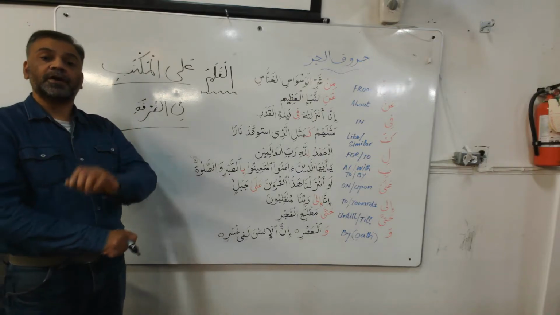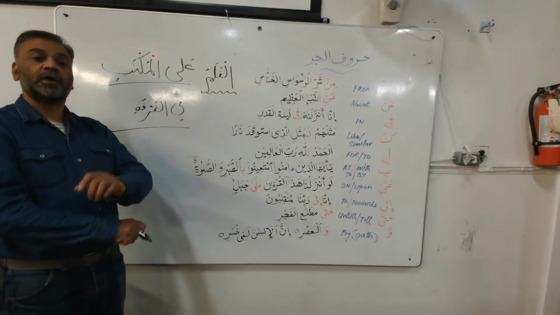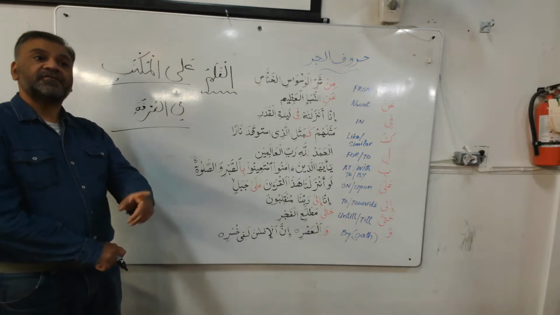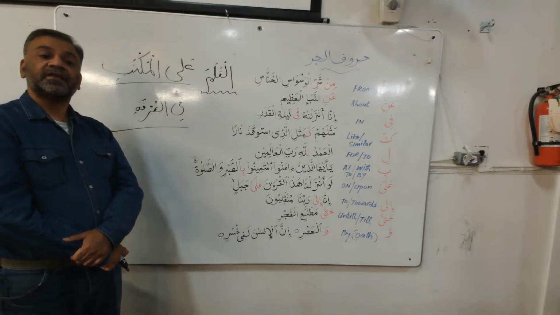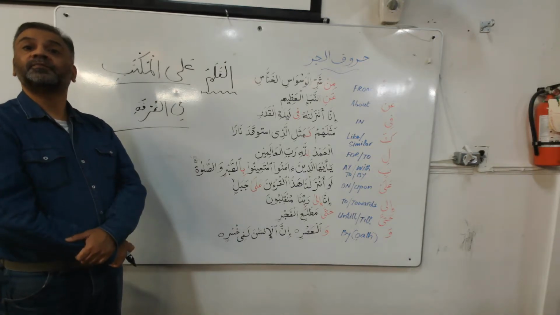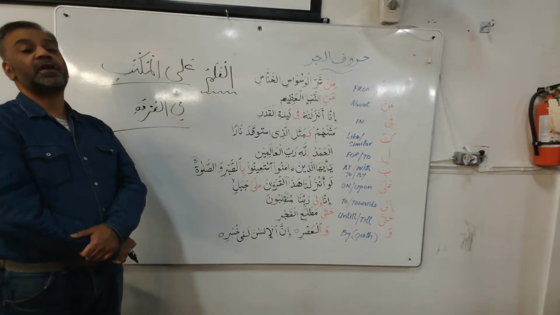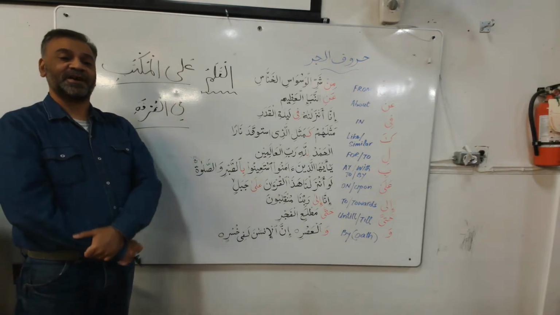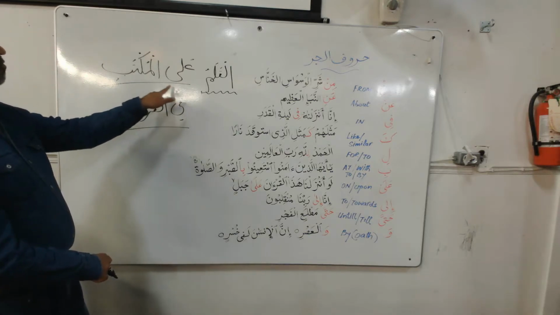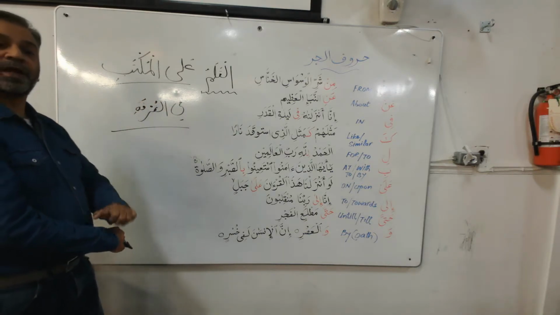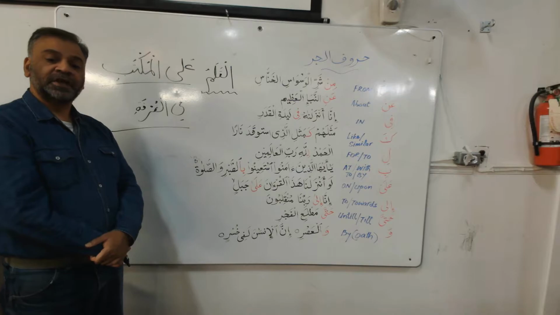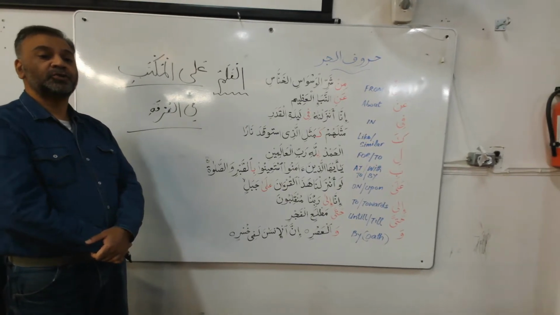When it's one word, then it is indefinite and it is marfu, right? Today we are learning about the second type of khabar, which is jarun wa majrurun shibu jumla.